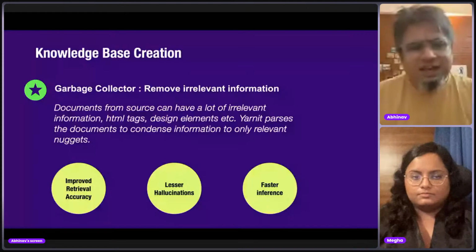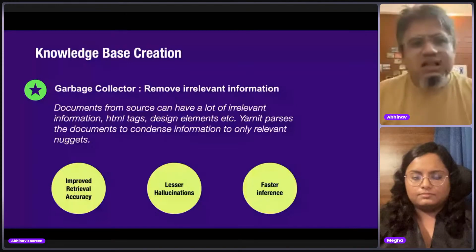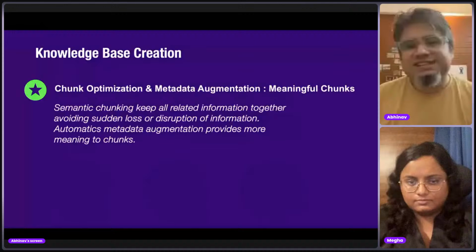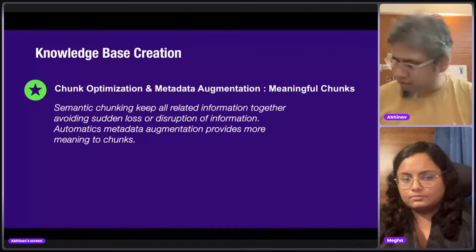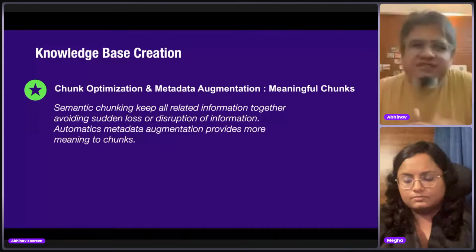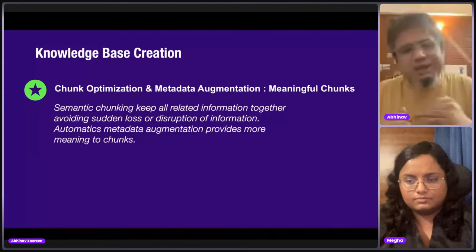The other intervention that we do is optimizing the chunks. As we said, large pieces of text need to be broken down into smaller pieces, but if you just randomly break text in between, chances are that you will lose important information.